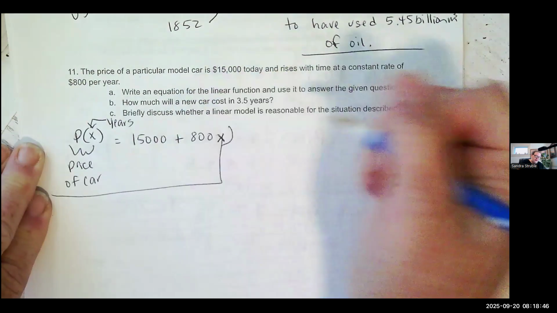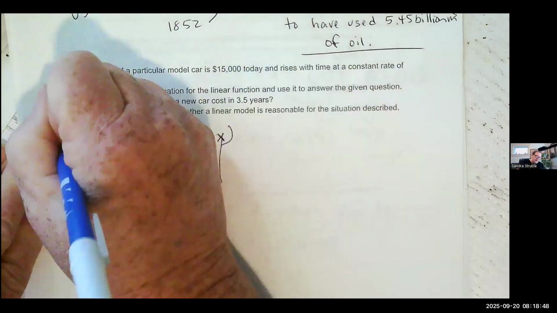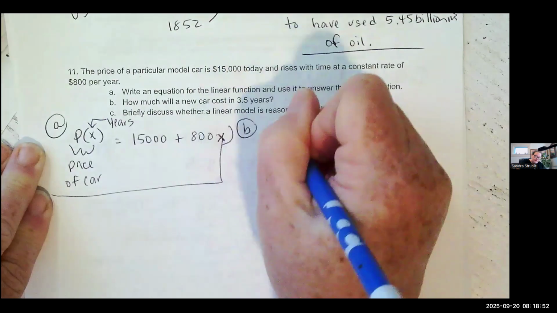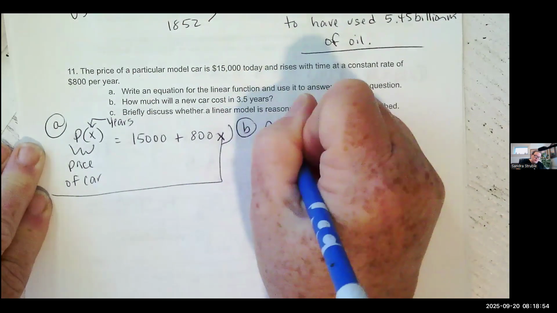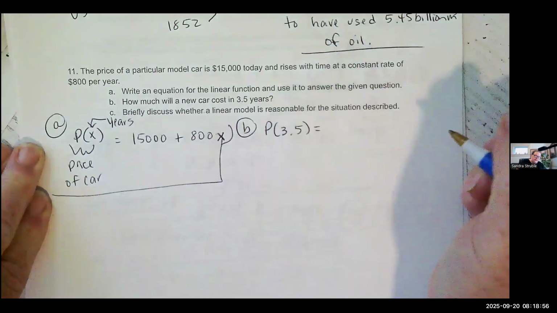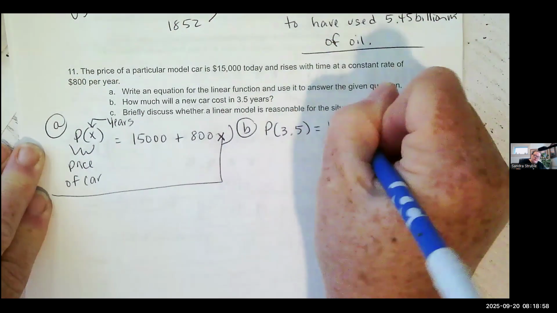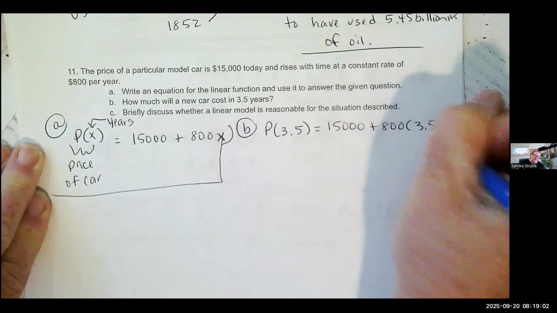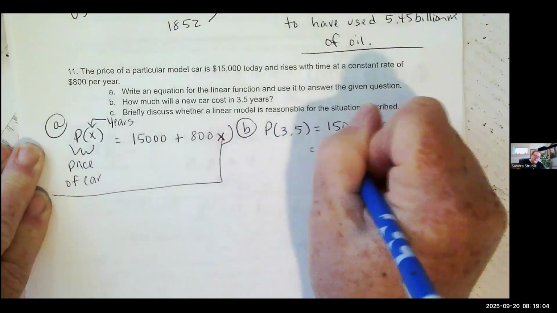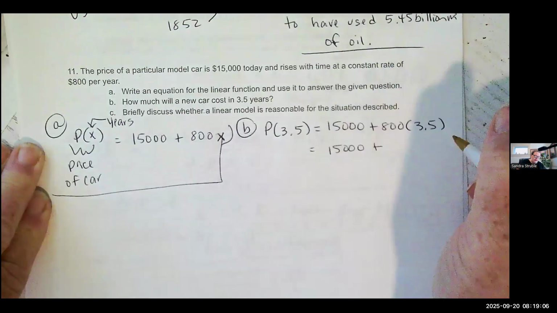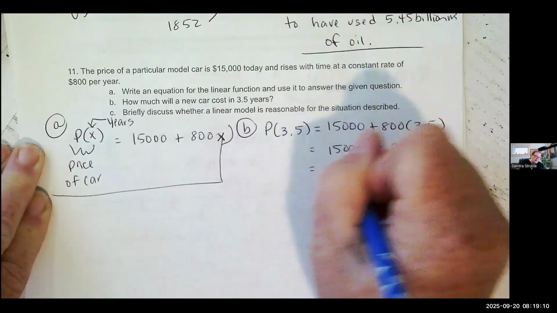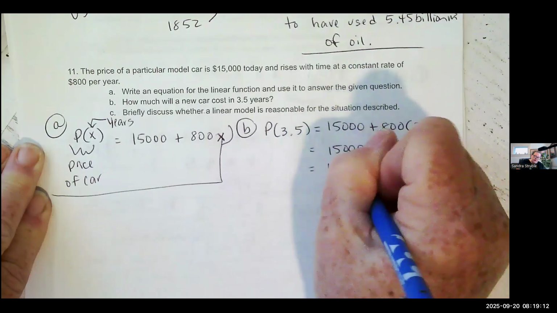B, how much will a new car cost in 3.5 years? Price in 3.5 years would be 15,000 plus 800 times 3.5. 800 times 3.5 is 2,800 plus 15,000 is 17,800.